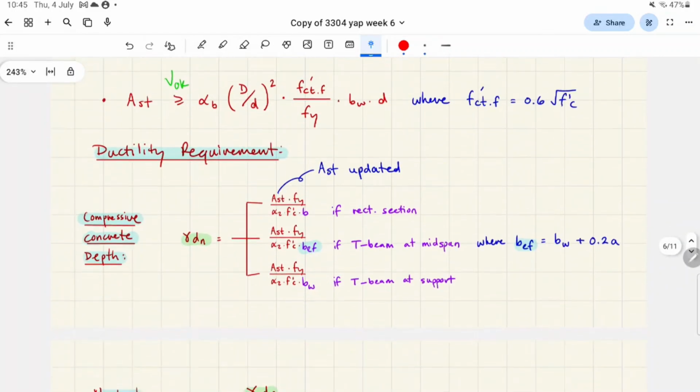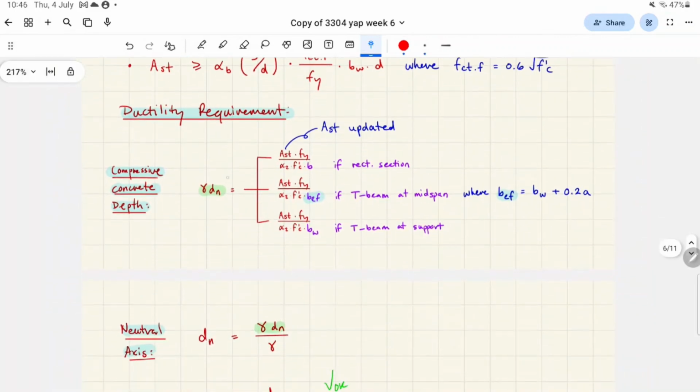Ductility requirements. So again, this is all dependent on what type of T-beam you're designing. So whether you're designing it at the mid-span or at the support, you chuck in BEF. Oh, sorry, this is an intermediate calculation. It's to do with the fact that our neutral axis has changed slightly because we've adjusted AST, right?